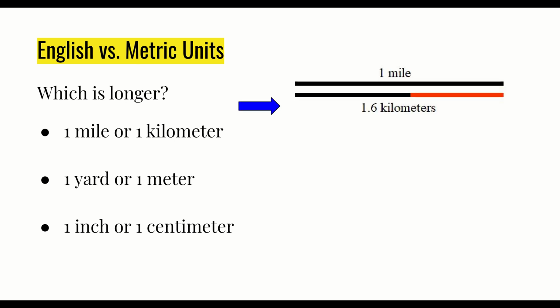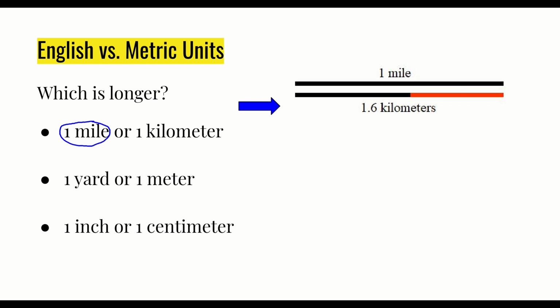So the first one that we have is 1 mile or 1 kilometer. And if we look here, we get some information. 1 mile is going to be equal to 1.6 kilometers. With that information, we can see that 1 mile is worth more kilometers, which means 1 mile is going to be larger than our kilometer.